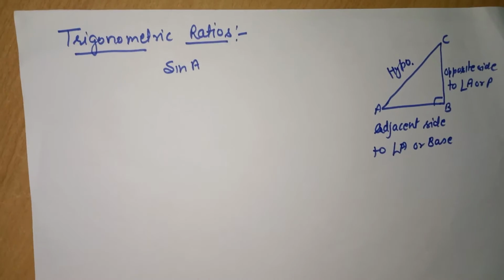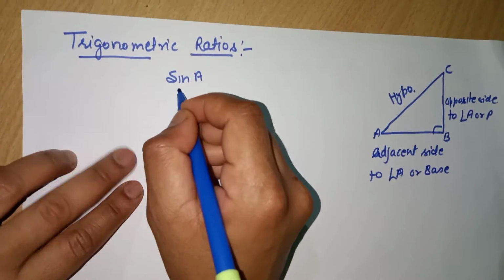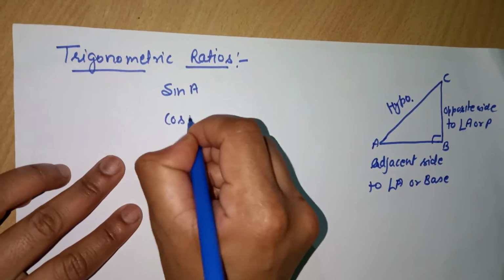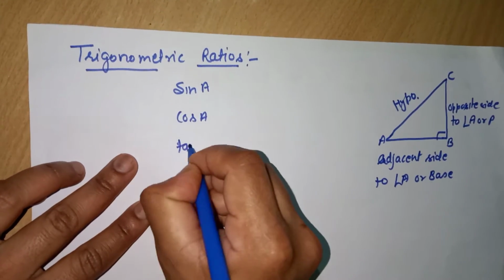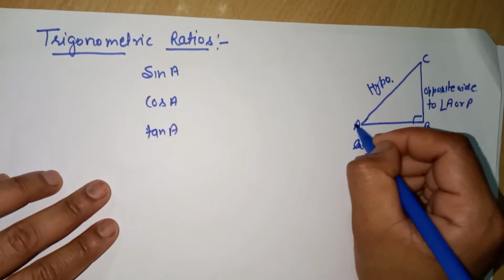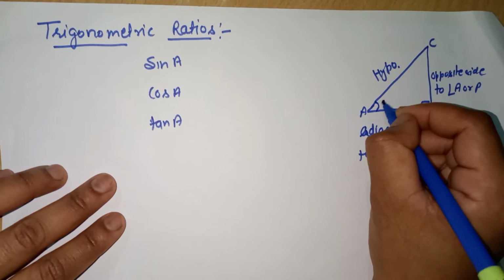In the previous video I explained the 6 trigonometric ratios as sin A, cos A, tan A. Here A can be any angle. We can also denote the angle A as theta.